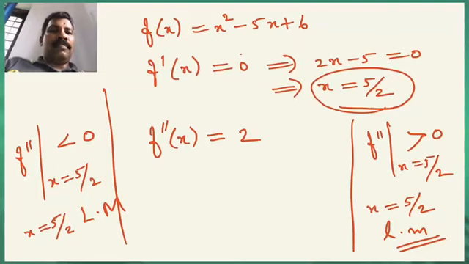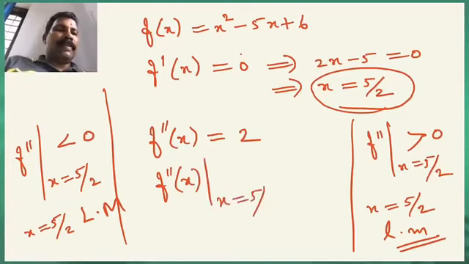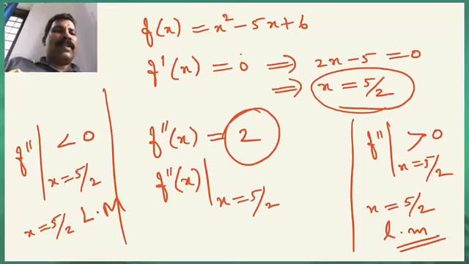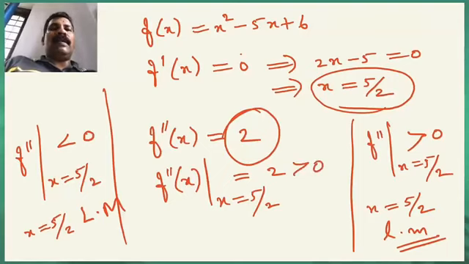Here the value of the second derivative, that is f double dash x at x equal to 5 by 2. Since there is no x here, we need not substitute. Automatically the simplification is over and the value of the second derivative at x equal to 5 by 2 is 2 and it is positive.